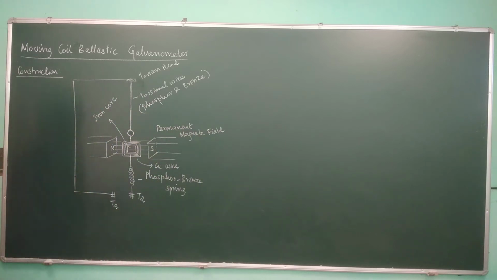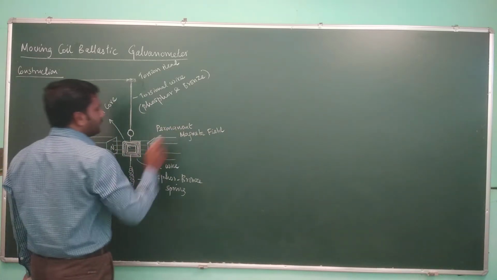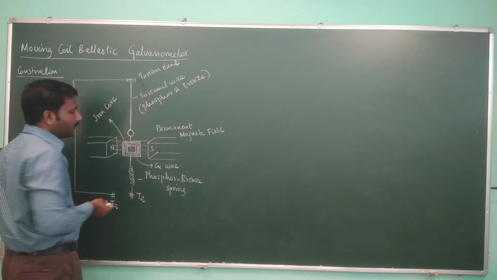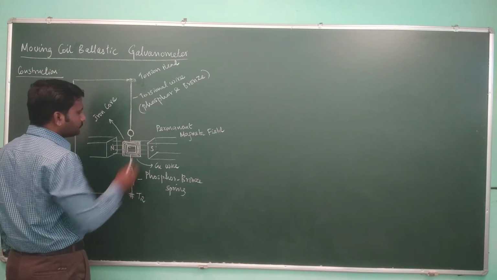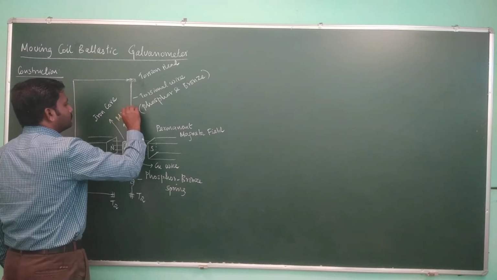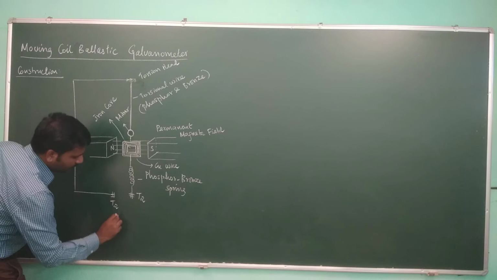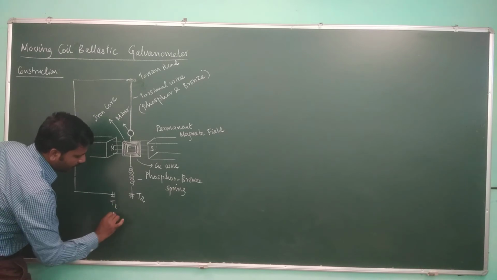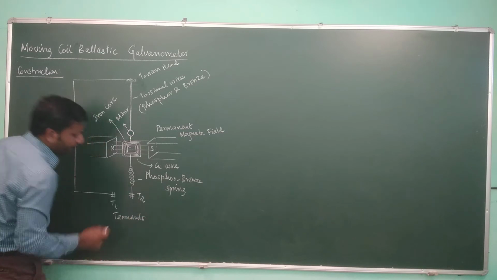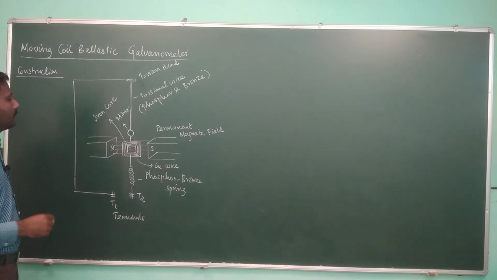This is a mirror. T1 and T2 are terminals used to connect the current into this wire.